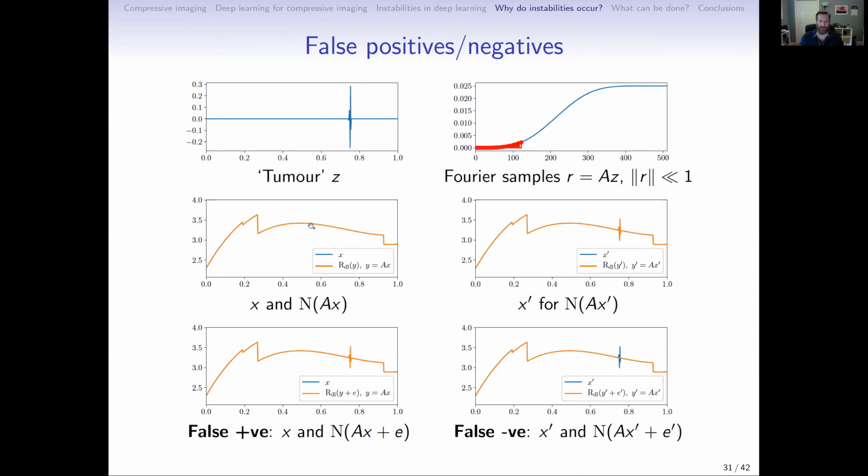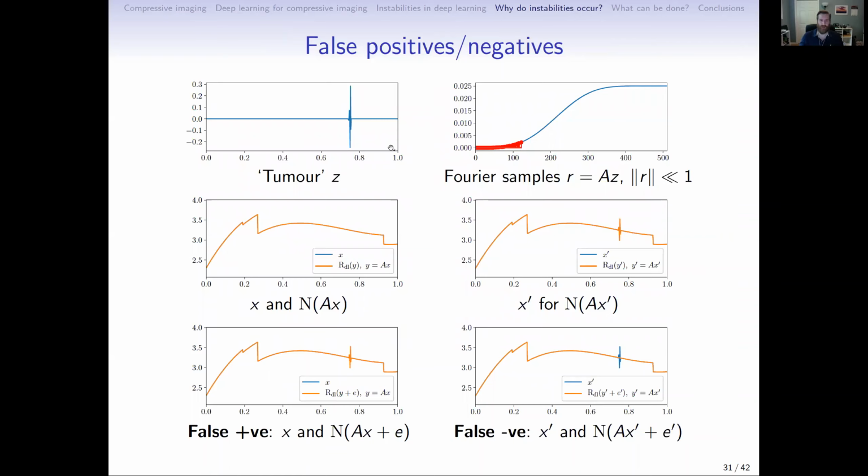This is X, and this is X primed. Think about this as a sort of one-dimensional brain. This is a healthy brain. And this is an unhealthy brain that has a tumor in it. So X prime is different from X because it has this little tumor here.